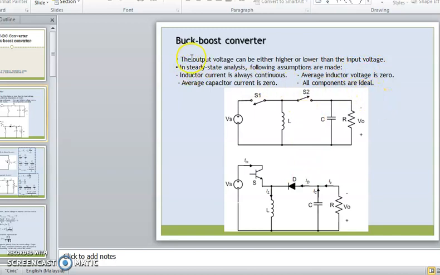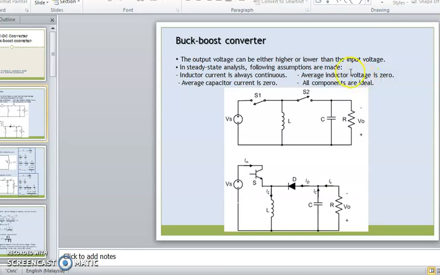The output voltage can be either higher or lower compared to the input. We have to assume for this converter that it operates in steady state analysis, meaning it has already switched for a few cycles and reached stability. Another assumption is that the inductor current is always continuous, in CCM, continuous current mode.